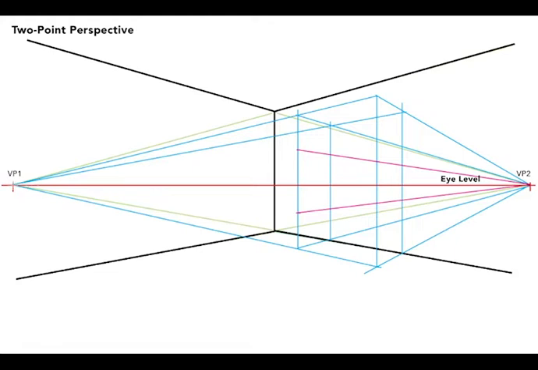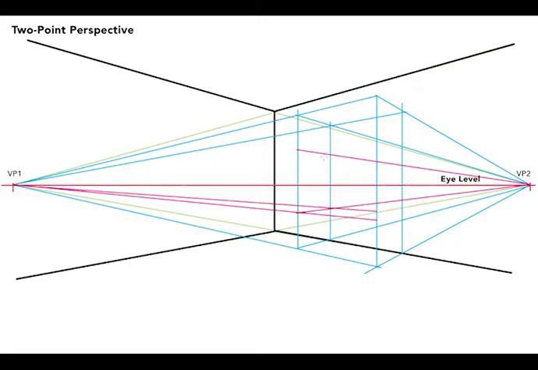Now from here on, we will draw a line from VP1 passing through this point here, and let it extend until it reaches here, and you stop. Okay. We can continue with another line, this time passing through this corner and extending it, stopping it here.